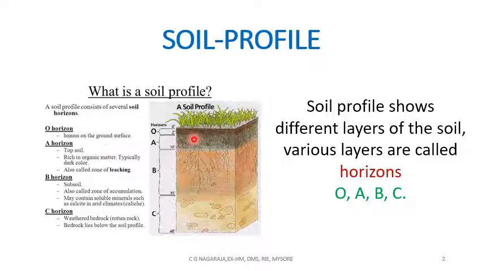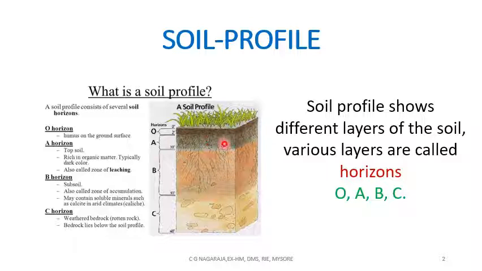Horizon A is immediately below the horizon O. This is called topsoil. This contains soil particles which include small sand particles, and also dead and decaying living material. That means once they were living, now they are dead and decaying.